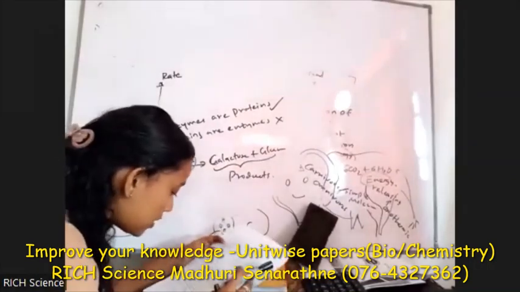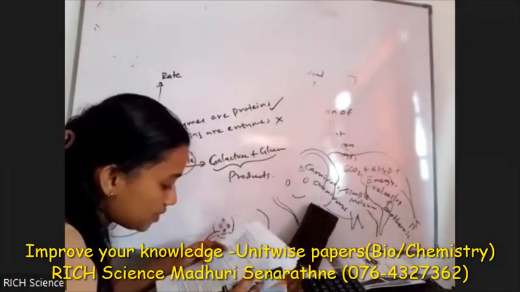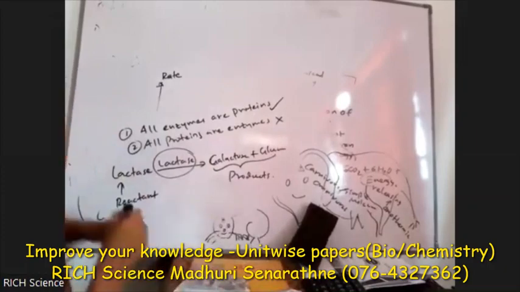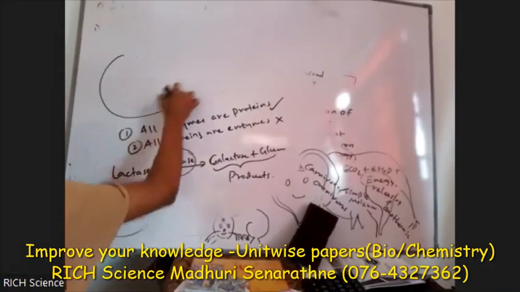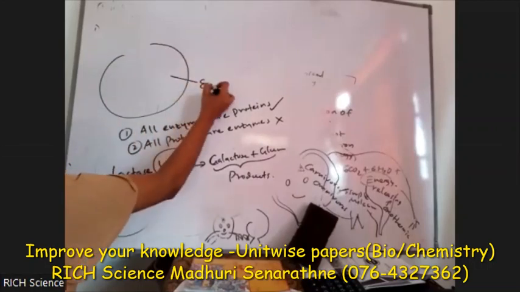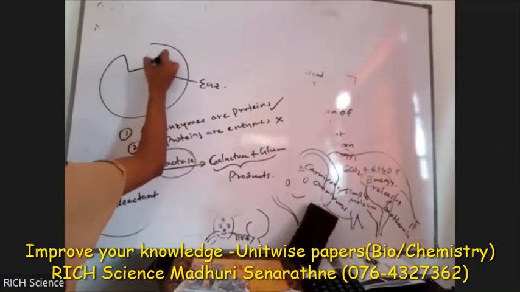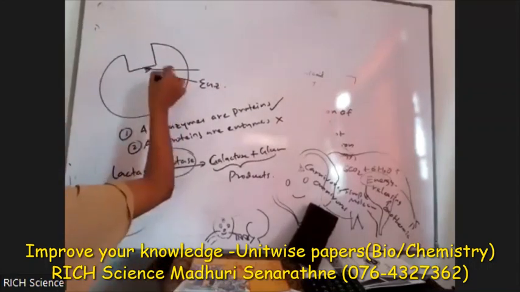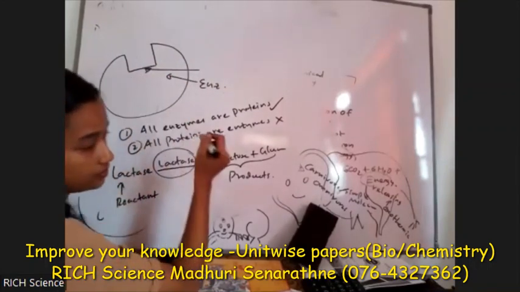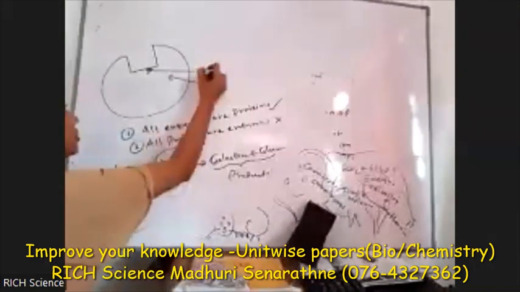Enzyme is bound to the substrate and produces the enzyme substrate complex. Always remember that the enzyme is larger than the substrate. If this is the enzyme, there is a binding site we call the active site.